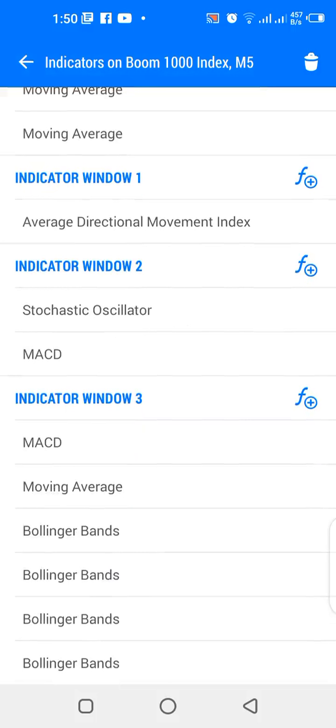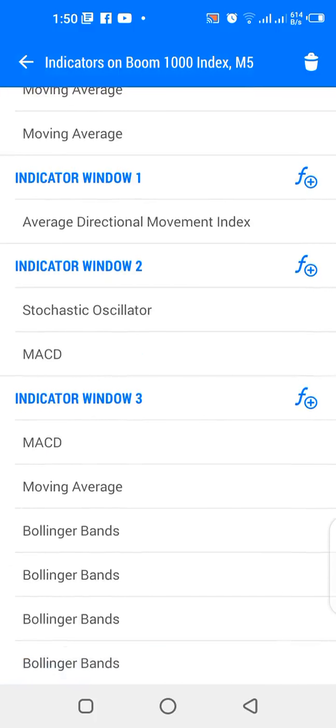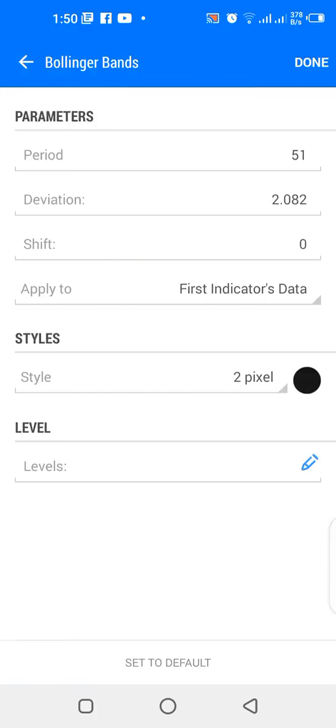Then we have a moving average, 1 period moving average, linear weight, applied to first indicator's data. Color is red. Then we have 4 Bollinger Bands indicators. The first Bollinger Band is a 51 period Bollinger Band. The deviation is 2.082.